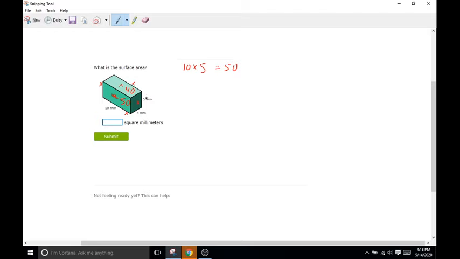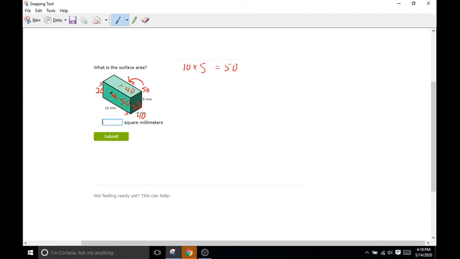If we go to the back, that one is also 10 times 5, so that'll be 50. If we go underneath, that one will also be 10 times 4, so that's another 40. Now this darker green rectangle right here is going to be 4 times 5, which is 20. And the other side is also 5 times 4, so that'll be 20.